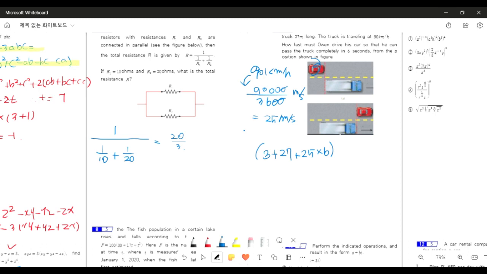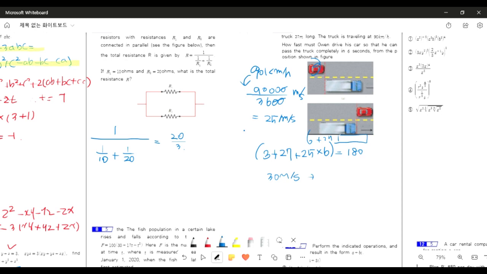So 6 plus 27 plus this is the distance that the car passes. So it means 180. 180 divided by 6 equals 30. So 30 meters per second, or you can change your velocity to kilometers per hour.